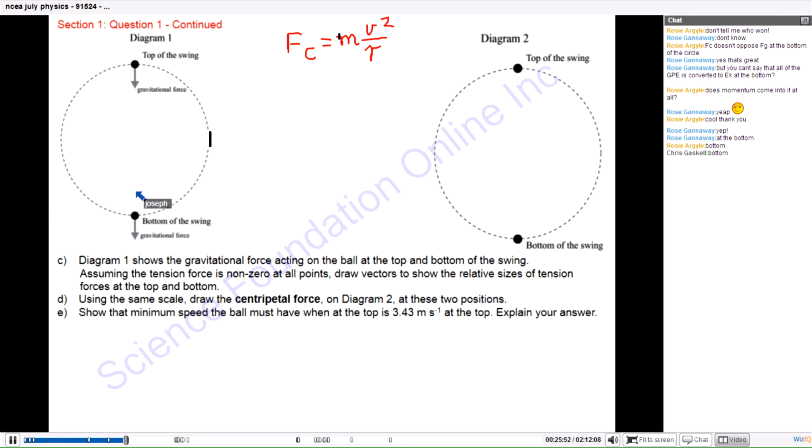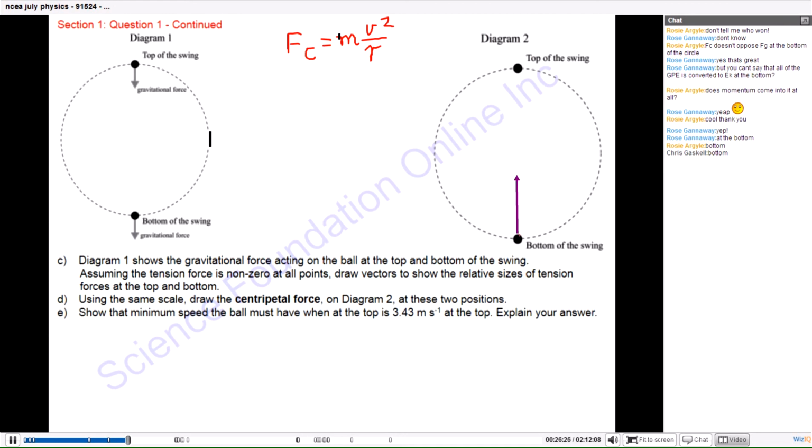So, clearly we need to draw the centripetal force on diagram 2 at these two positions. I'll come back to part C in a moment. I'll just draw this other one. I'll draw it in this sort of purple color. The centripetal force will be the biggest at the bottom, so I'll draw it like that.